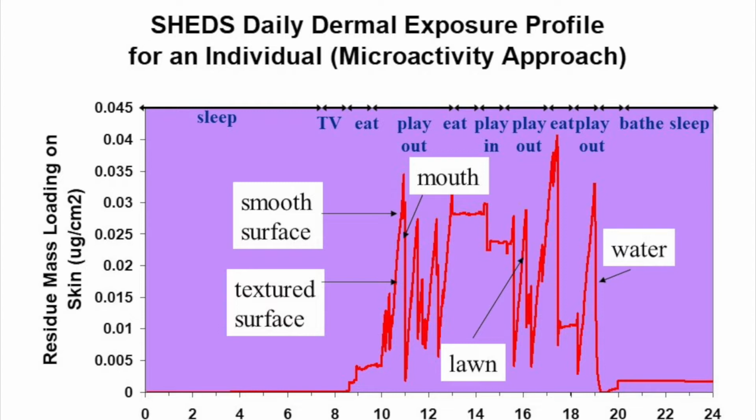And then around 4 o'clock or so goes out and plays on the lawn, and gets exposure to potentially a pesticide. And then these outdoor playing exposures stop when the child gets indoors, and at nighttime we assume the child takes a bath, that's the water here, and that provides the removal of the soil and dust and the associated contaminants from the skin.